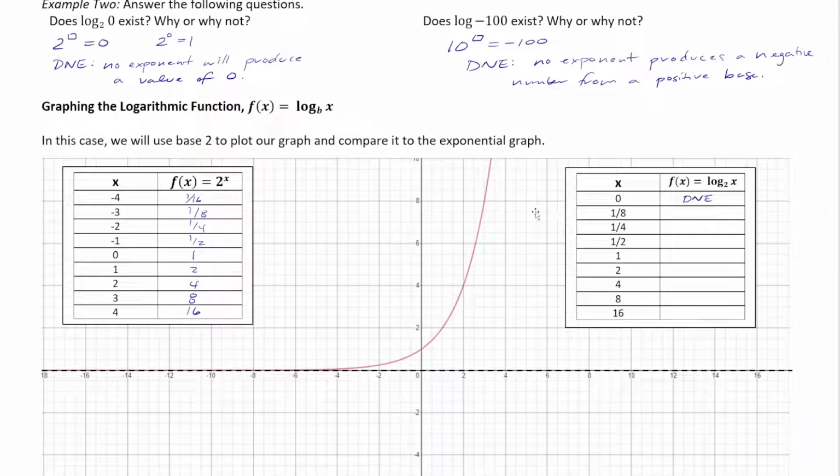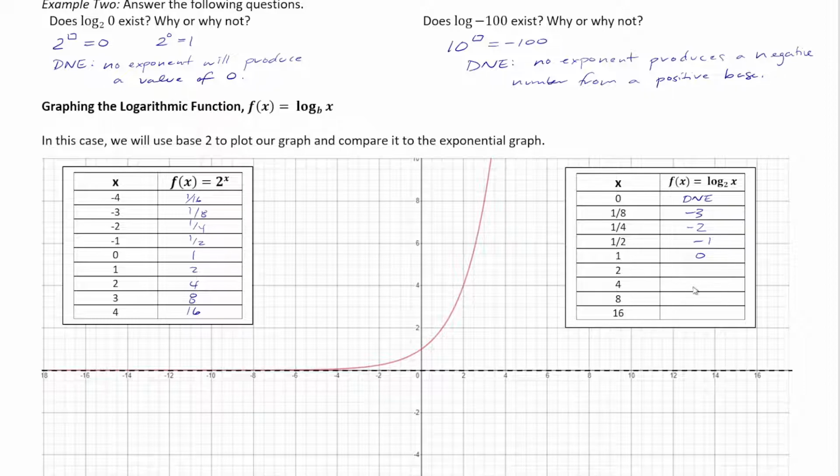So to easily get this, I just say, okay, that was the y value. This is now the x, and now that's the y. So that's negative 3, 1 over 4, negative 2, 1 half, negative 1, 1, 0.